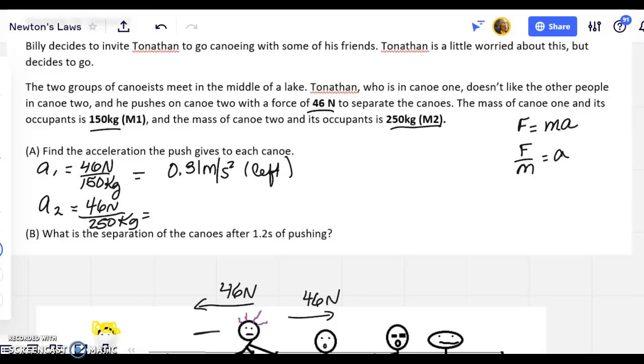That's this one down here. And then the other one is 0.18 meters per second squared, and that is to the right. So that's part A. Part B wants to know the separation of the canoes after 1.2 seconds of pushing.